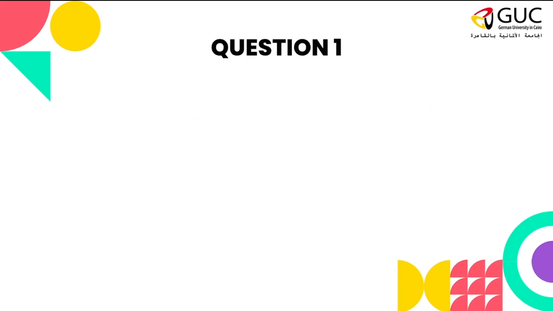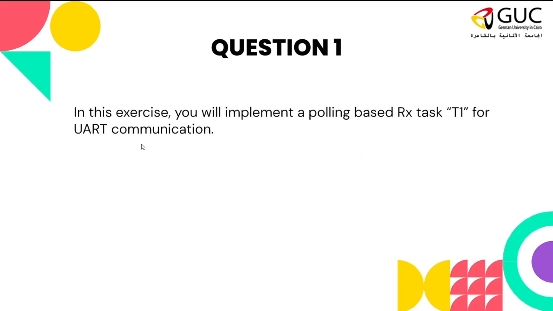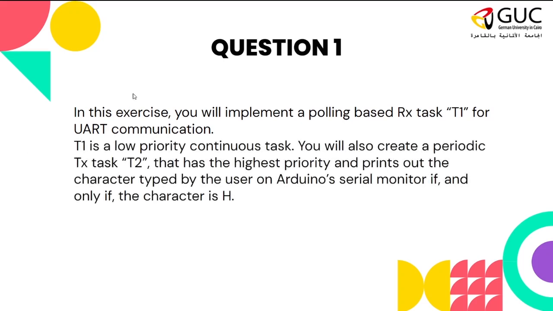In question 1, in this exercise, you will implement a polling based RX task T1 for UART communication. T1 is a low priority continuous task. You will also create a periodic TX task T2 that has the highest priority and prints out the character typed by the user on the Arduino serial monitor if and only if the character is H. So in this question we will merge the two concepts of the tutorial.